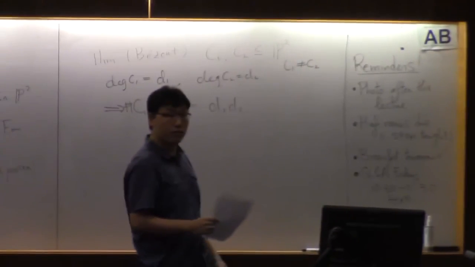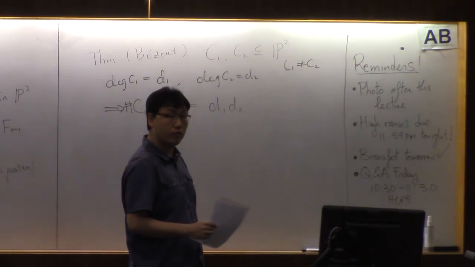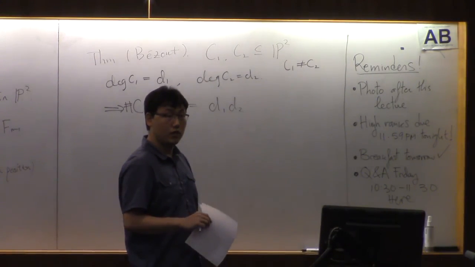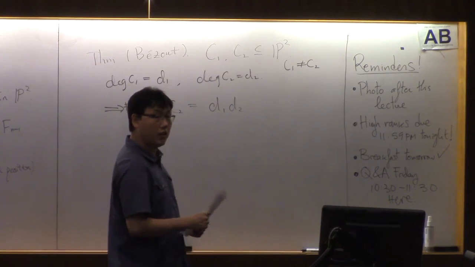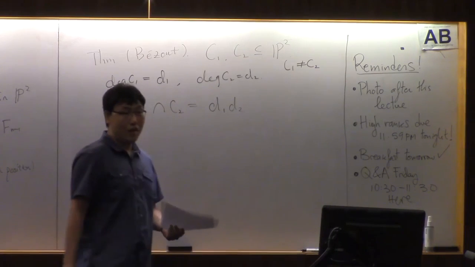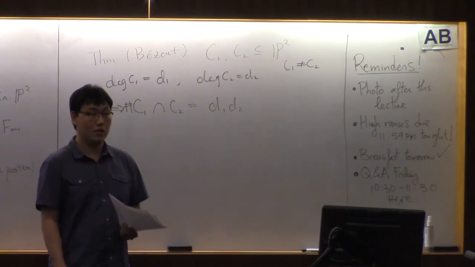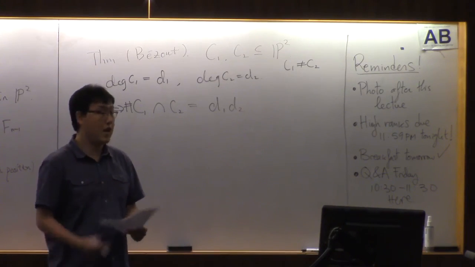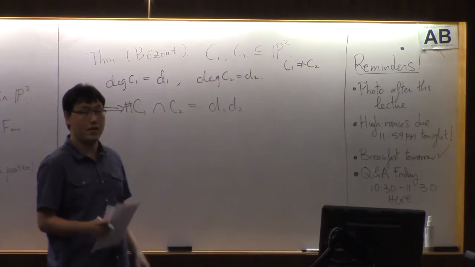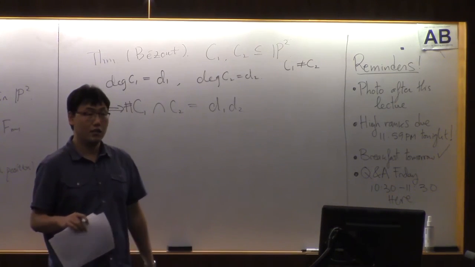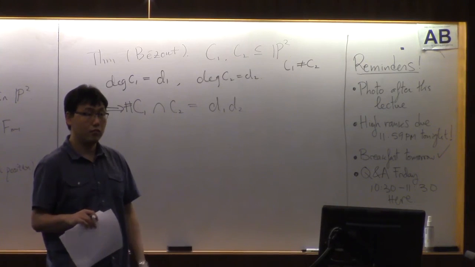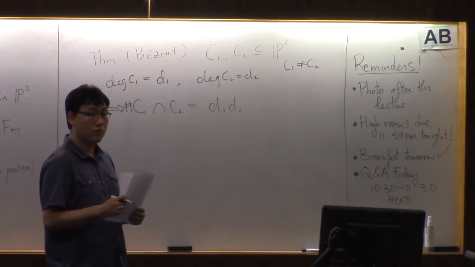But the intersection number of two curves is independent of the way you embed them? No, it does depend. The degrees of the two curves depend on the way you embed, and this number also depends on it. But when the degree changes, why is the product still the same?